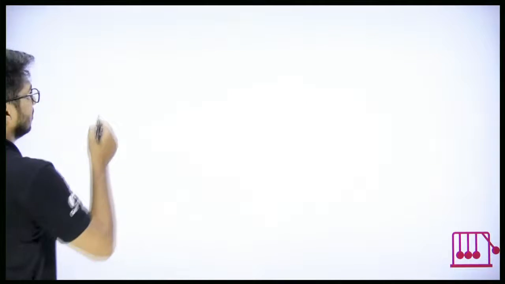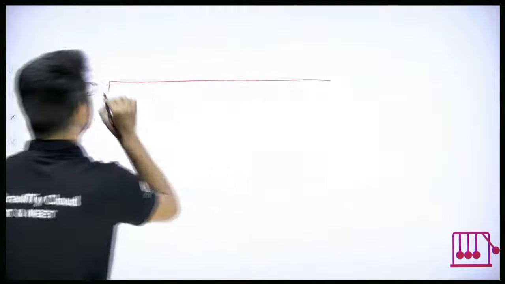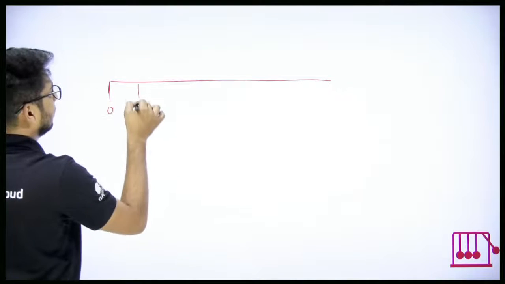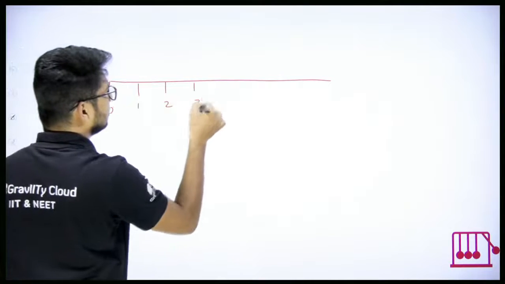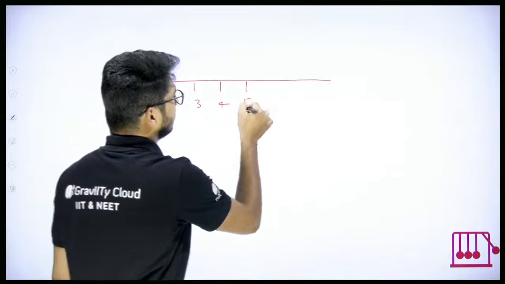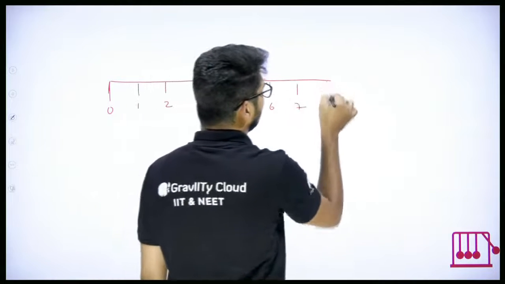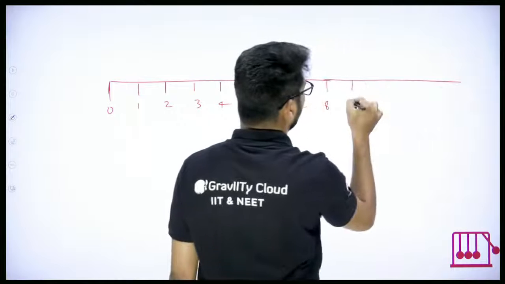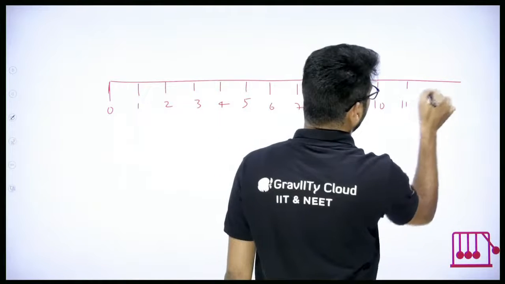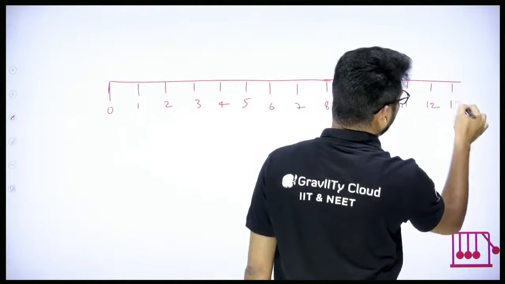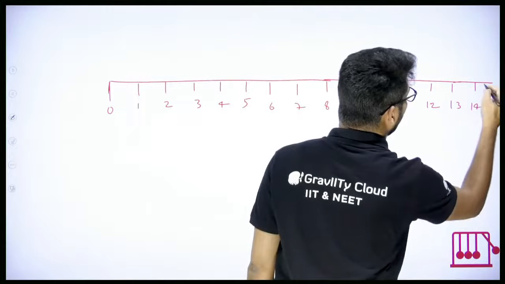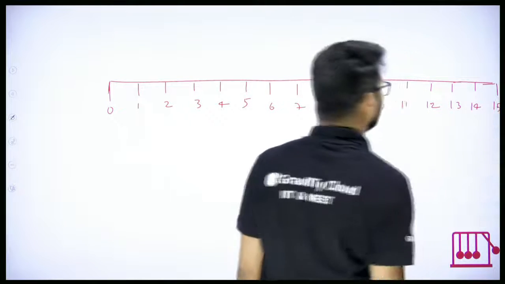Let me draw it again. If this is a scale, this is 0, then 1, 2, 3, 4, 5, 6, 7, 8, 9, 10, 11, 12, 13, 14 and 15.